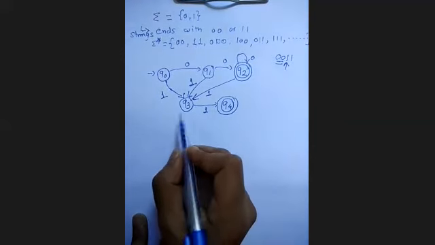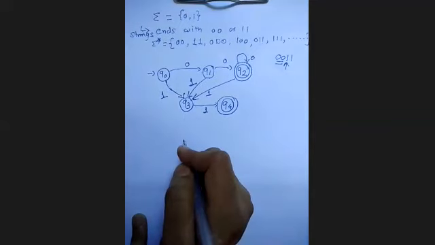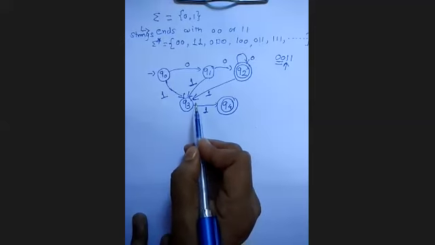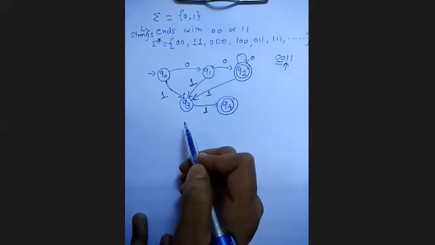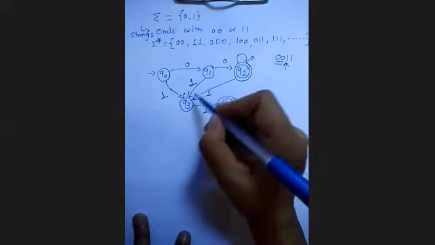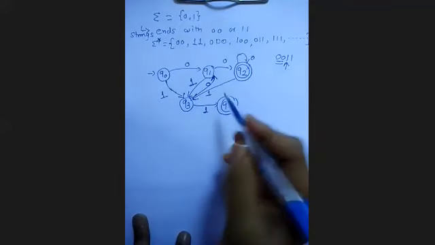Now you tell me, Q3 on 0, where will it go? Which state will it go to? Q3 on 0. See again, understand. Now many students are saying Q1, and it is correct. Okay, Q3 on 0, and you have to show the directed edge. So Q3 on 0 goes to Q1, that is correct.